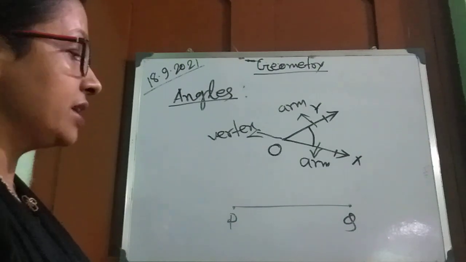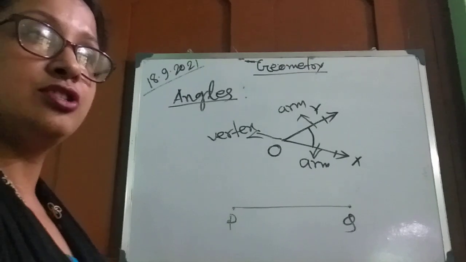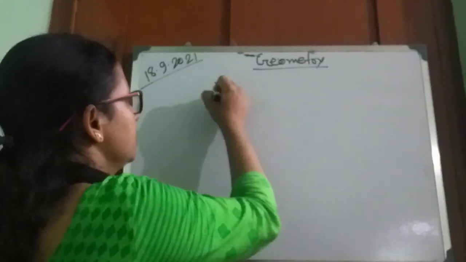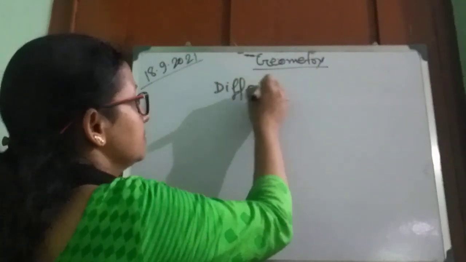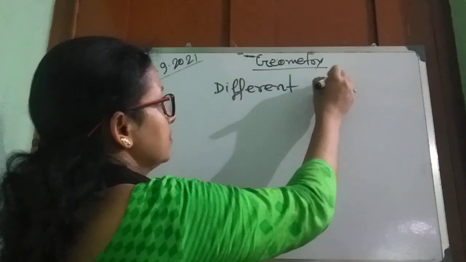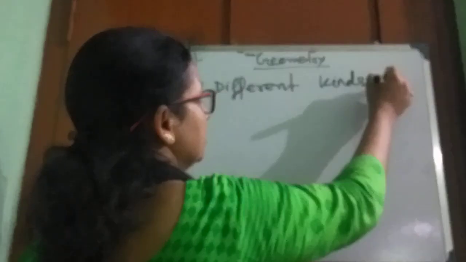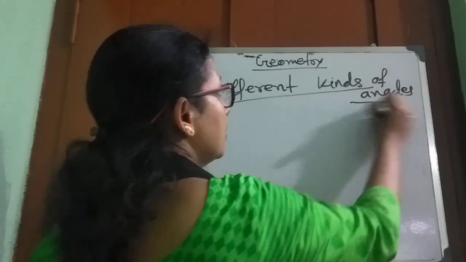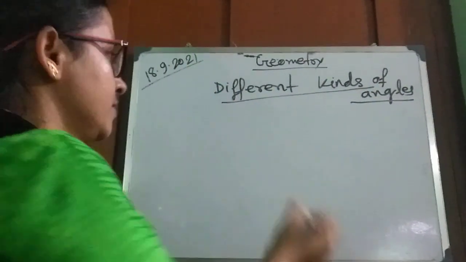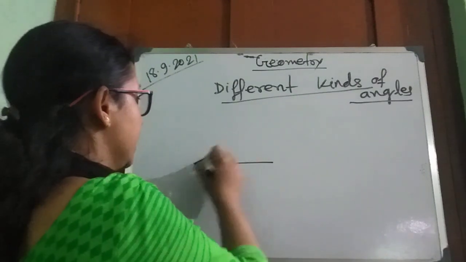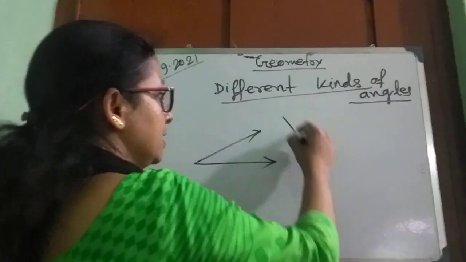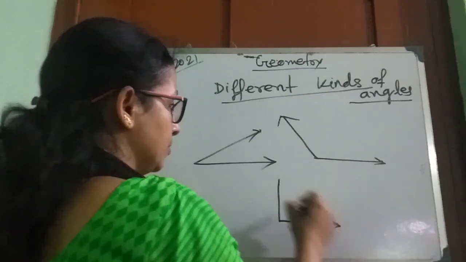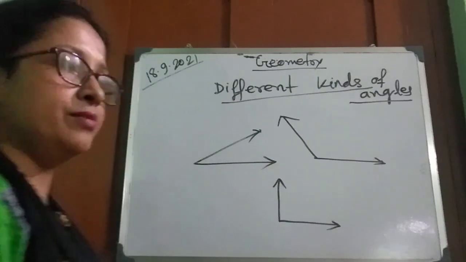So now next I will say the different kinds of angles. When you can measure the angle, if there is given one angle of this type, another angle of this type, another angle of this type, their measurements are different.